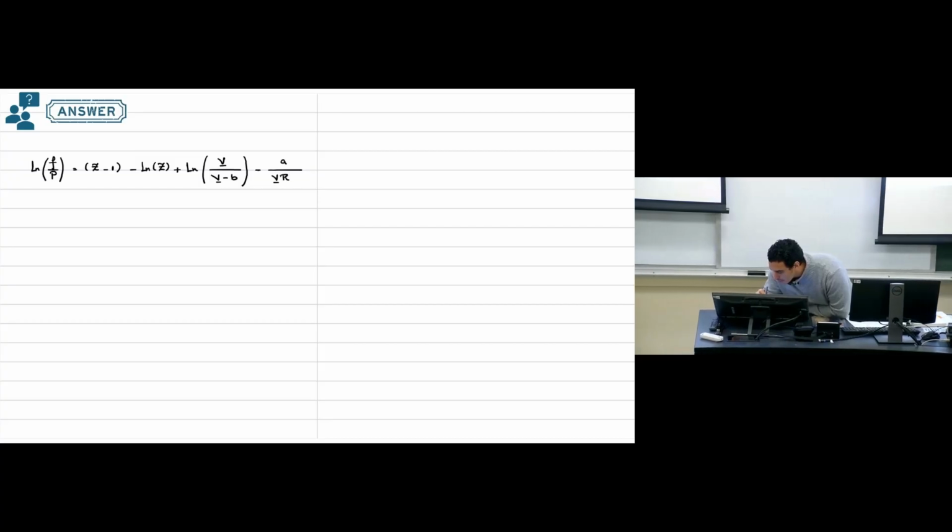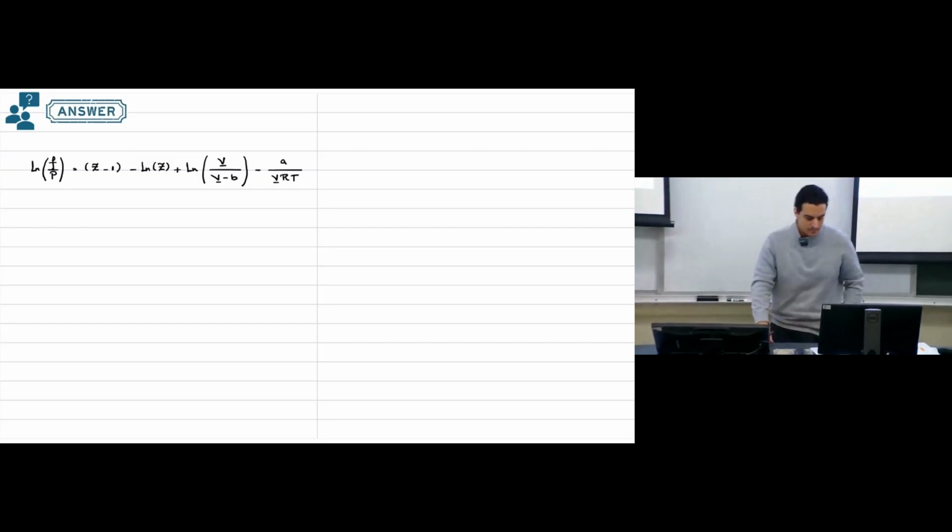So we have ln of fugacity divided by pressure equal to z minus 1 minus ln z plus ln of molar volume minus B, minus A divided by molar volume RT.